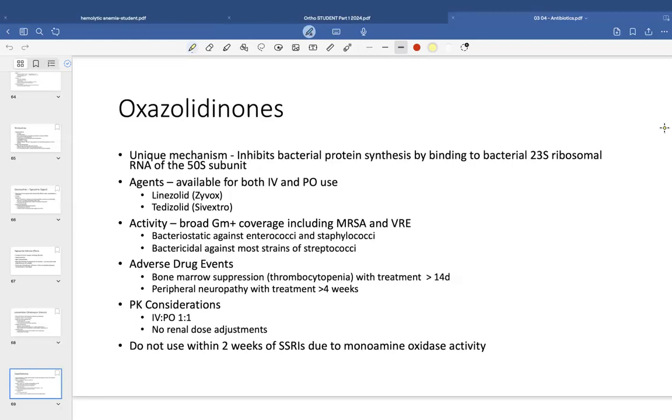Unfortunately, we don't always know in advance that a person on antidepressants needs to be put on linezolid. Typically, when you do that, you stop the antidepressant. So there are a lot of cases where people are treated through it, but ideally not.